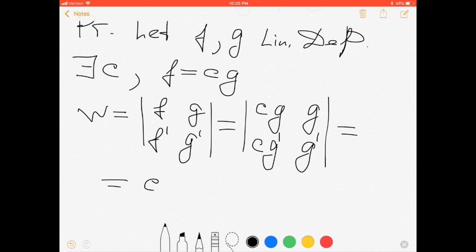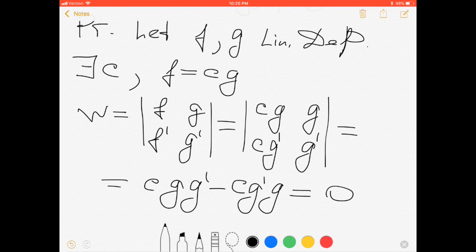Computing, we have c g g prime minus c g prime g, but that is exactly equal to 0.